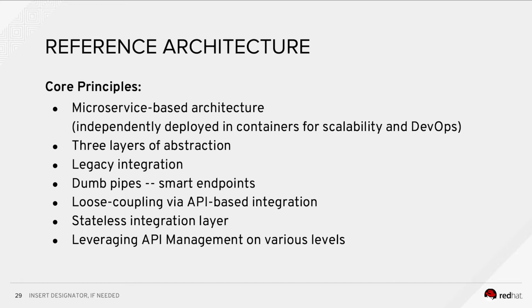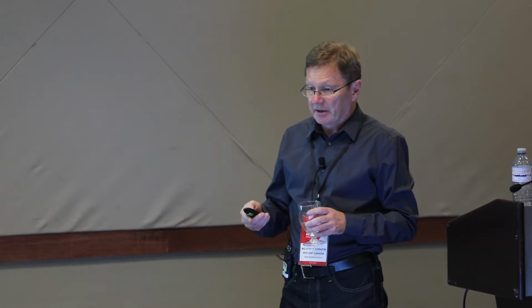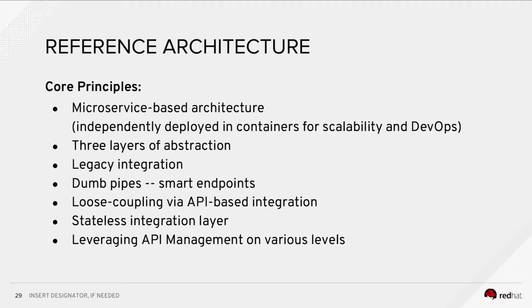You don't bring the whole thing. We have three layers of abstraction that I'm going to talk about, and an aspect of legacy integration. Dumb pipes and smart endpoints, meaning that if a microservice is talking to a microservice, there's very little in between, not lots of transformation going on. Loose coupling with API-based integration, and stateless integration.